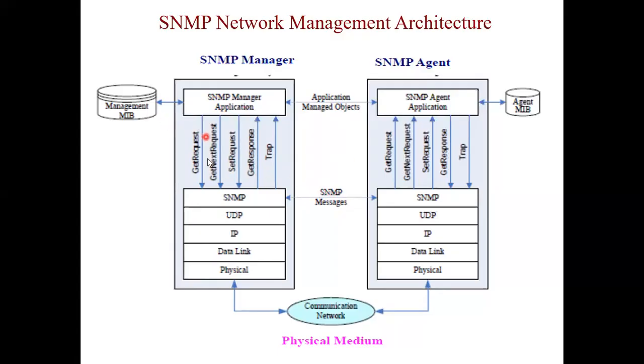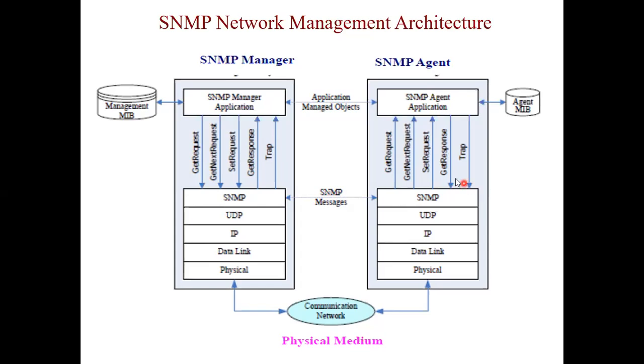Here, when I say the arrows, get request, get next request, and set request, these 3 messages are generated by the manager. That's why the arrow comes downwards. From the manager, they are generated and go to the agent. So it is unidirectional going down and it is received by the agent. So that's why this arrow is up.